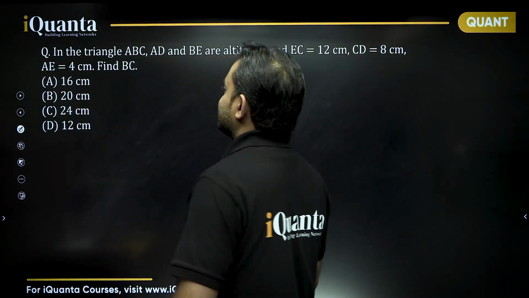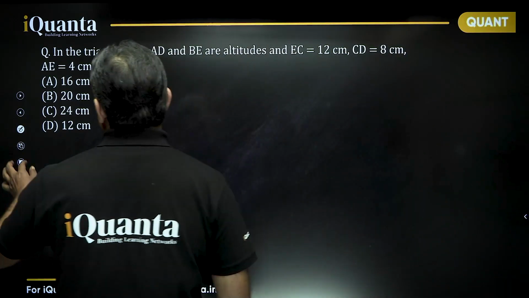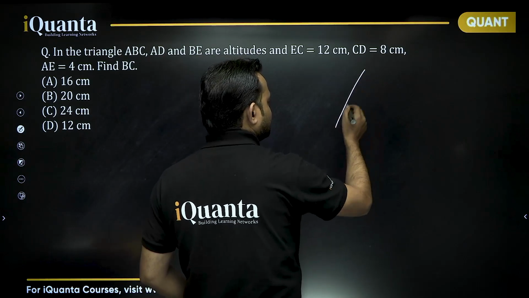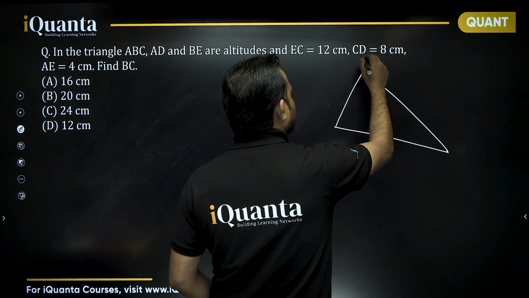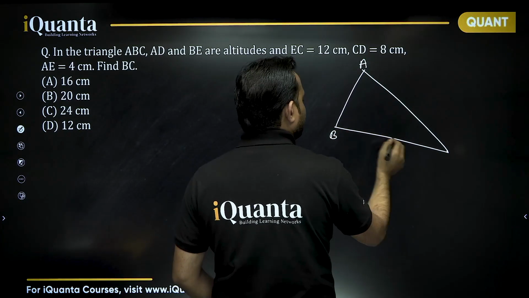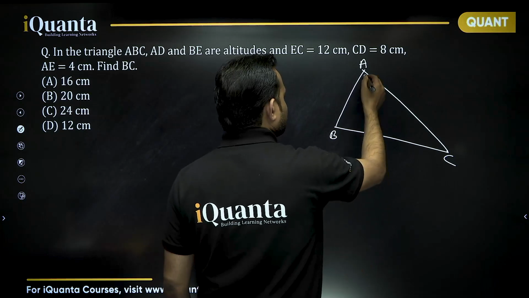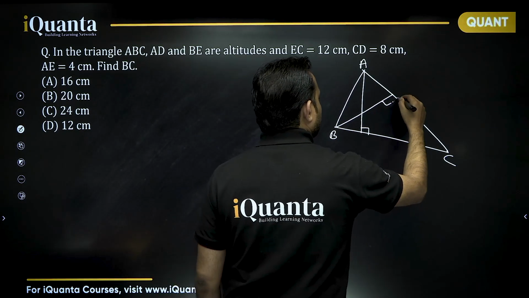First question. It says, in triangle ABC, AD and BE are altitudes and EC is equal to 12. So in triangle ABC, AD and BE are altitudes.